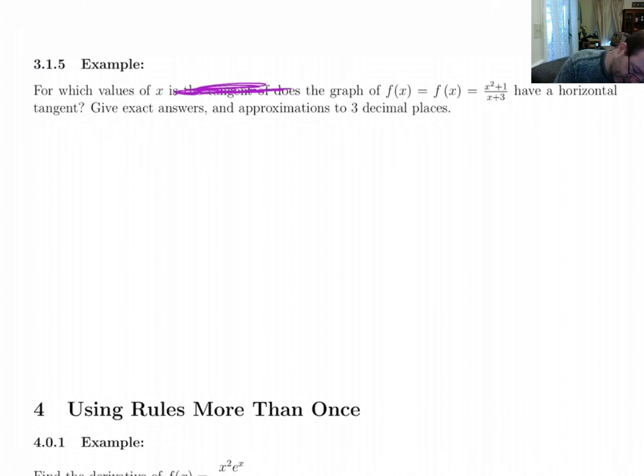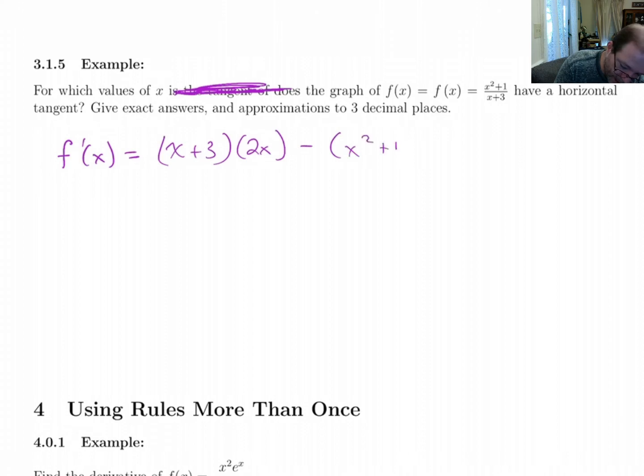Okay, so let's take the derivative. F prime of x is low d high minus high d low. Derivative of the bottom is just 1. I'll write it in there just for completeness, over low squared.